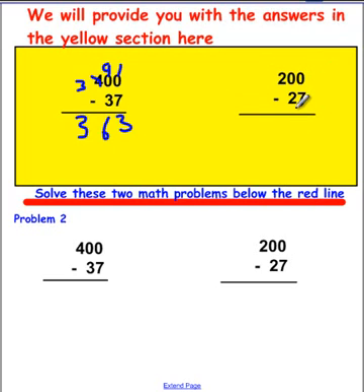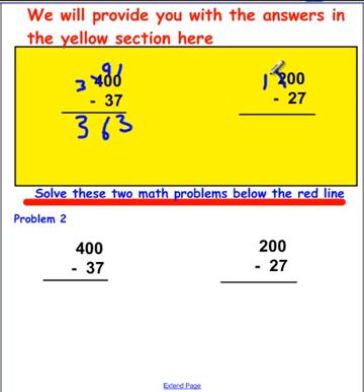Let's look at the other problem here. 200 minus 27. Same basic idea. We did this because it's often the hardest thing to figure out, and hopefully by doing a couple of these, you'll understand. Okay, basic rules apply. 7 cannot be subtracted from 0. The other problem is we don't have anything in the tens column, so we must borrow from the hundreds. So let's cross out that 200 and make it a 1.